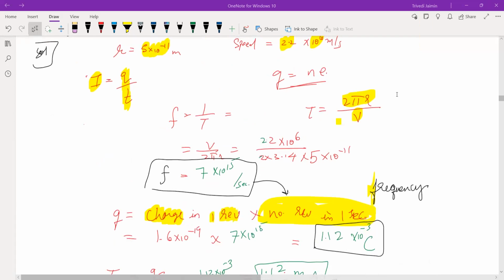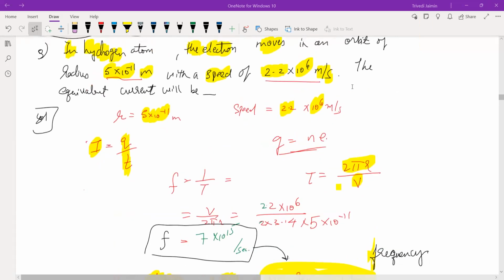So what I did here generally, we want to find the current here, the total current. For finding current, how much current is flowing when one electron is moving in a hydrogen atom? The electron moves, so in that, how many revolutions? That is frequency. For finding frequency, we need the time period.